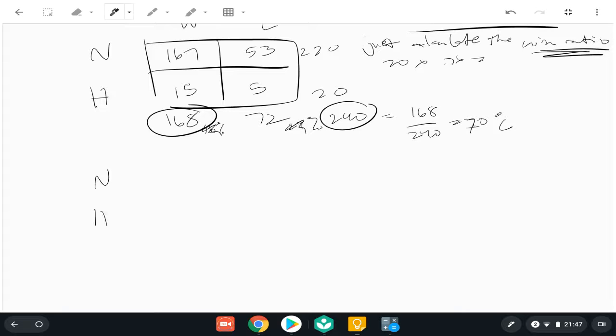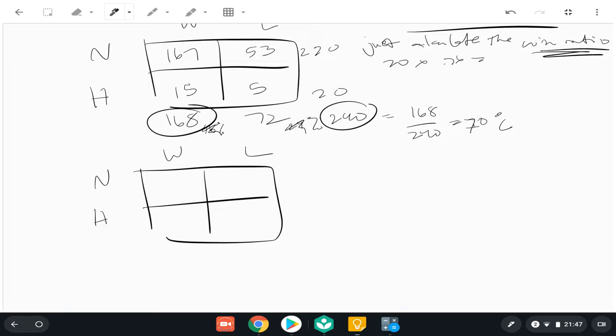N, H, W, L. Let's pretend like I know what I'm doing for the first place. 168, 72, 220, 20, 240. So win ratio equals 168 over 240 equals 0.7.